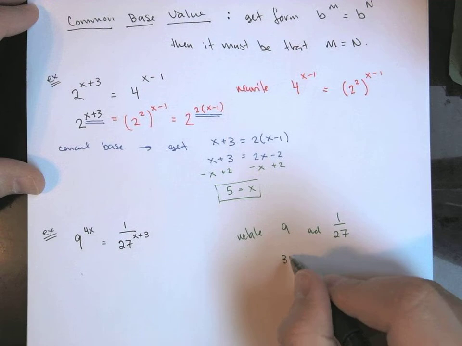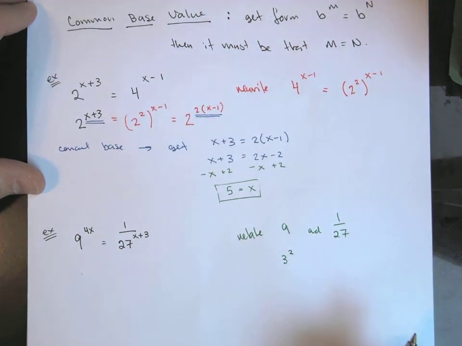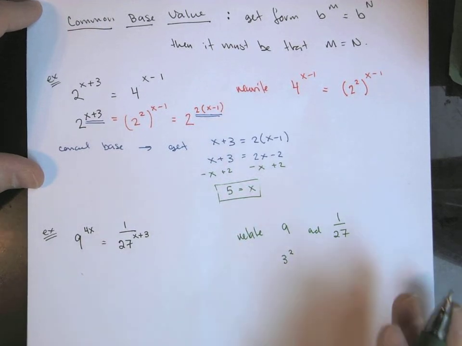So 9 would be 3 squared. That's kind of the only option, right? Unless you're doing something a little bit unusual, like relating it to 81, and it would be the root of 81. That's not what we're after. Regular 27 would be 3 cubed.